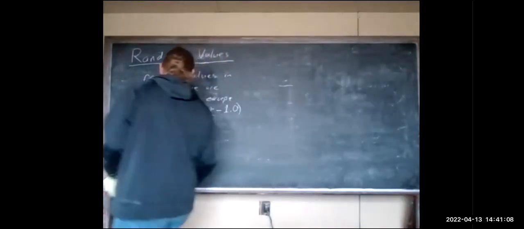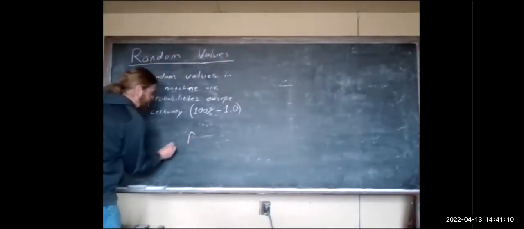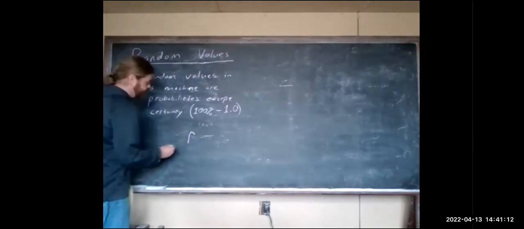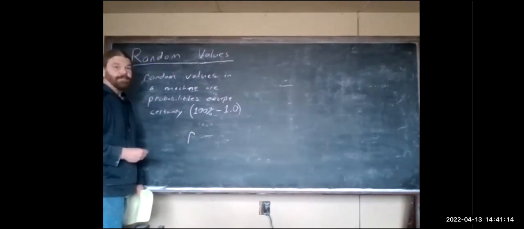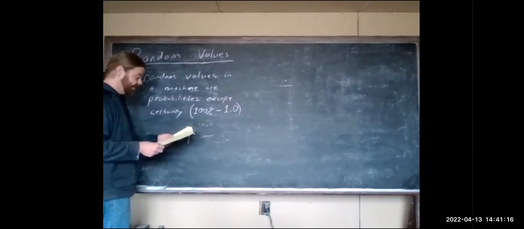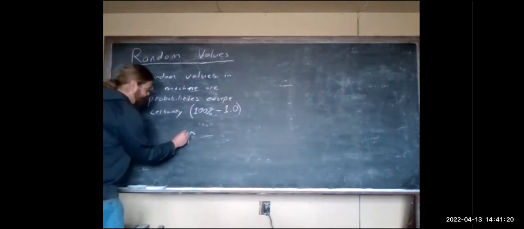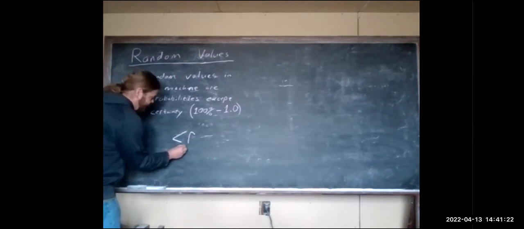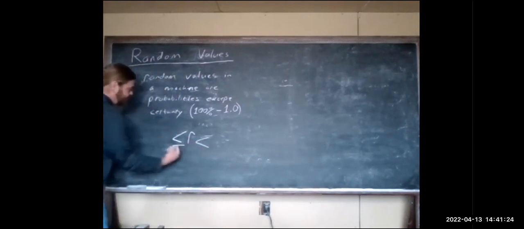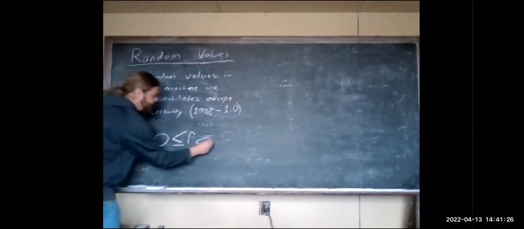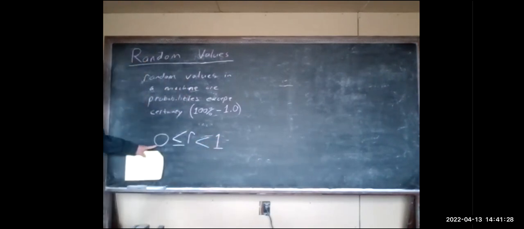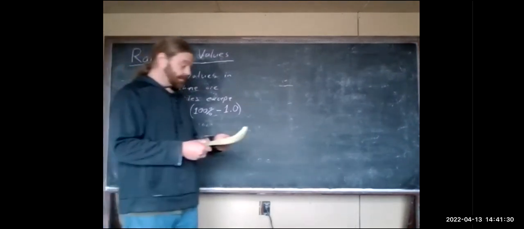So basically a random number, I'll just write R here on the board. But again, when we go to put this in the code here in about 5 minutes, because it's 1 page of notes, R is going to be between 0 and 1, including 0, but not 1.